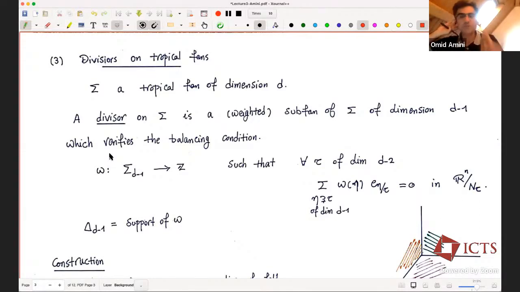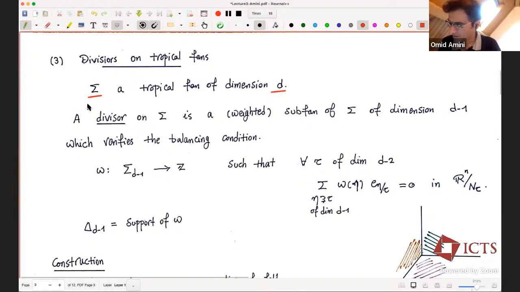These are some subtropical fans, if you like to call them that. What is a divisor on a tropical fan? It's a tropical subfan of your fan which has codimension 1, so it has dimension 1 less than your original tropical fan. So I give the formal definition. You start with a tropical fan of dimension d.